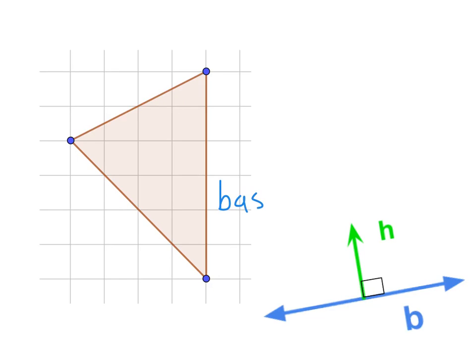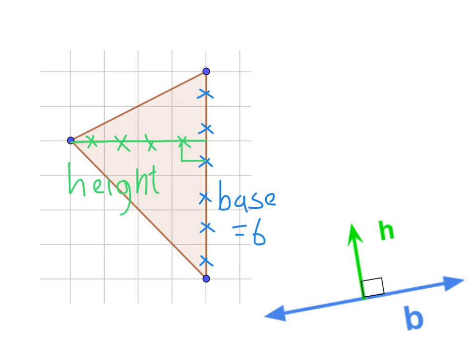Here is where my base is going to be. Counting each side, I get that my base is equal to 6. I'm going to draw the line for the height. I'm going to put that square in there to remind me that I need to be perpendicular. And again, counting sides, I get a height equal to 4.